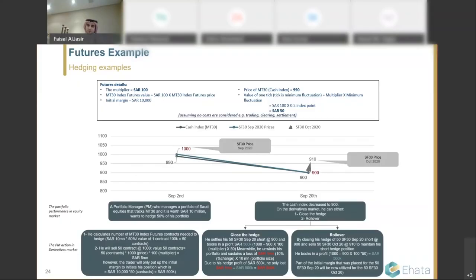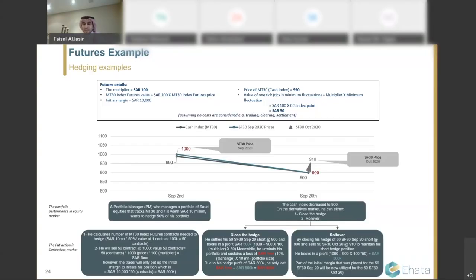By settling the current one, which in this case is the September 20th contract, he needs to settle that. He will take the 500,000 gain that he made and do the opposite transaction, close that position, and then again, as he's a hedger, he will be selling the future of the October delivery.